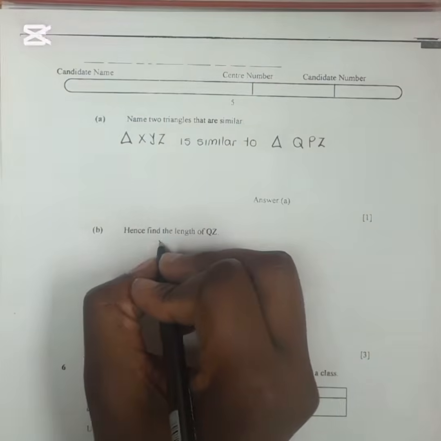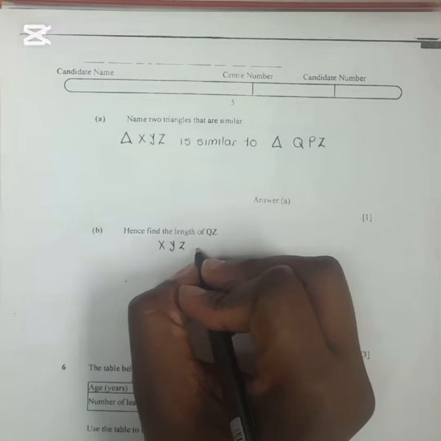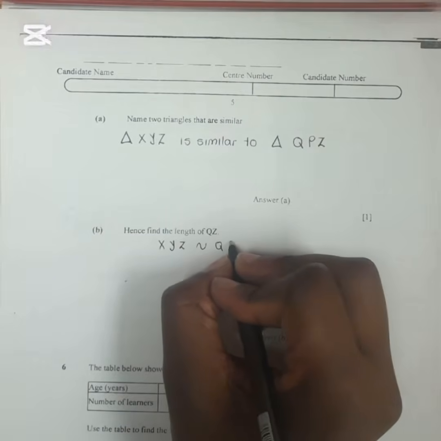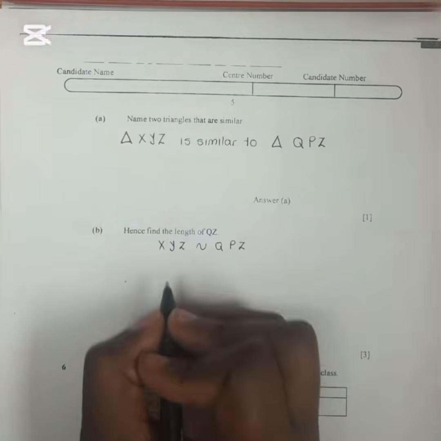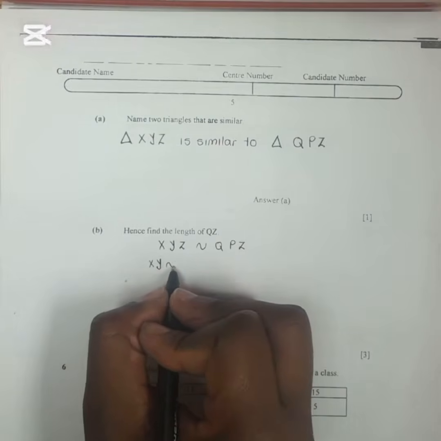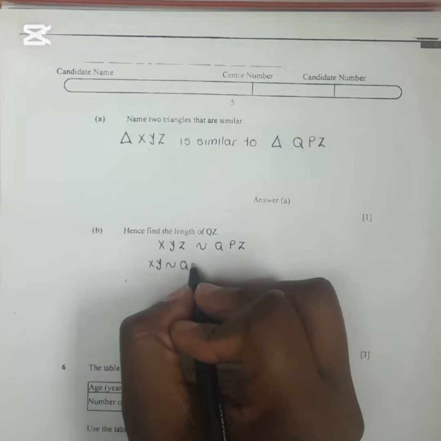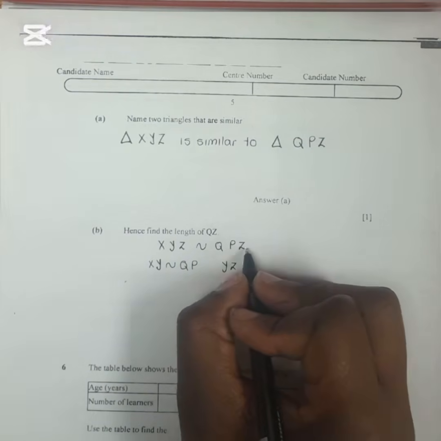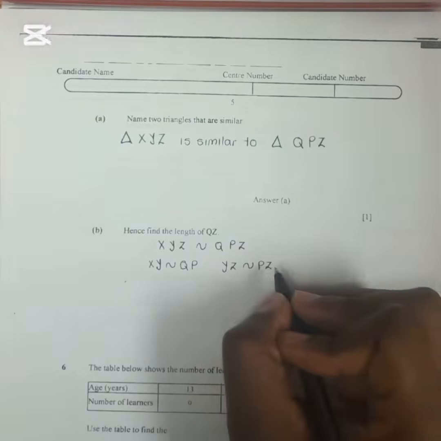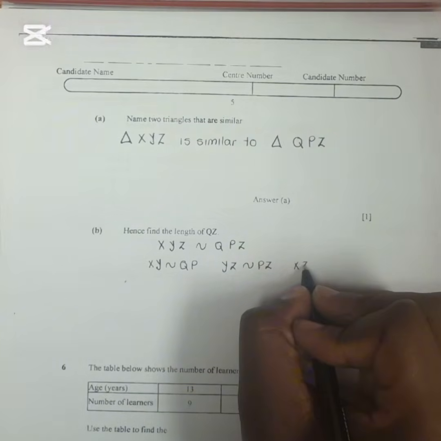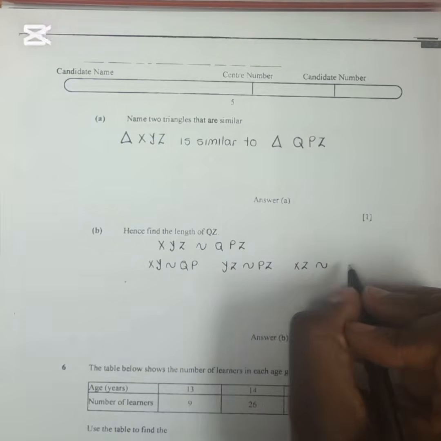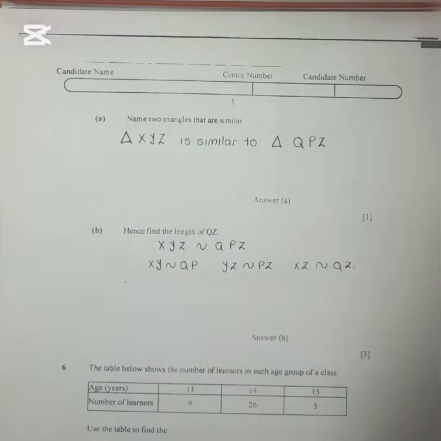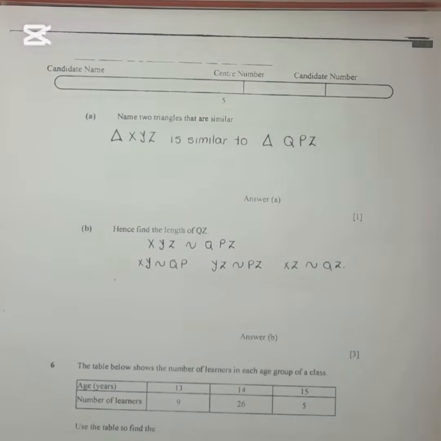So we are going to say XYZ is similar to QPZ. It implies that XY is similar to QP, YZ is similar to PZ, and also XZ is similar to QZ. In our diagram, we are having the dimensions for XY and also the dimensions for QP.